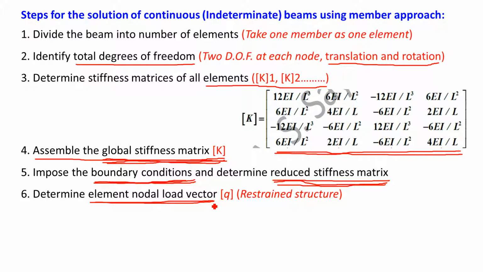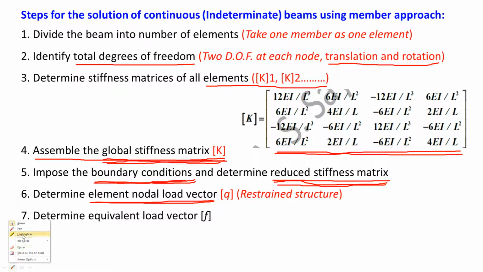Then we have to find the fixed end moments because of the external load, and the reactions because of the external load and the fixed end moments. Using that figure we write down the element nodal load vector. How to write this we will see in the next slide with a simple numerical example. Once you determine the element nodal load vector, you have to find the equivalent load vector.